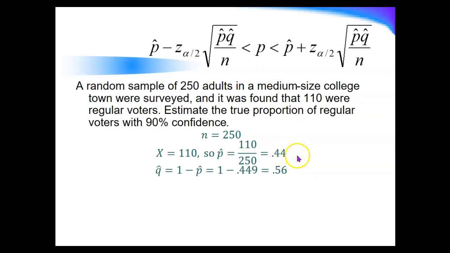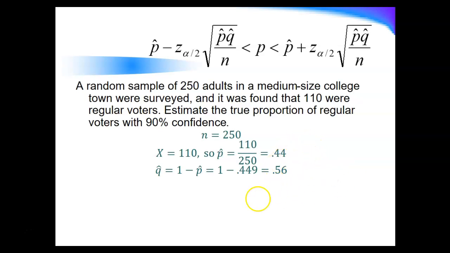But if we had had more digits after that, I would want to keep at least 3 digits after the decimal point in my number for p hat if I'm going to get at least 3 digits in my final answer. So in this example, we didn't have to worry about rounding because it just came out to be a nice even 0.44.